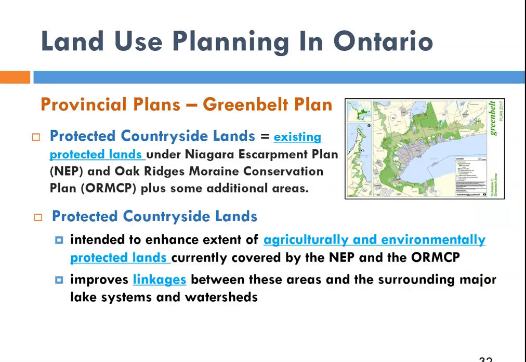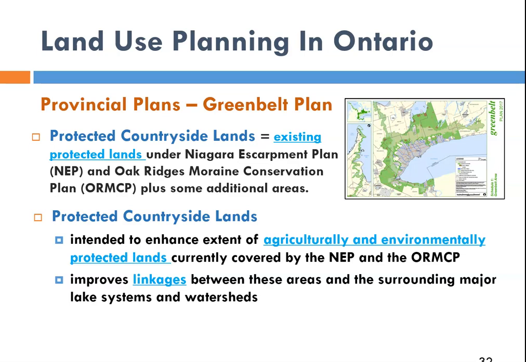As you read the document, make sure you're taking those two considerations into account. Protected countryside again is looking at where we have those existing lands. We already have some legislation and some provincial plans that help to guide that. That includes the Niagara Escarpment Plan, and we have a whole separate commission, a planning body, that helps support that. And then we also have the Oak Ridges Moraine Conservation Plan.